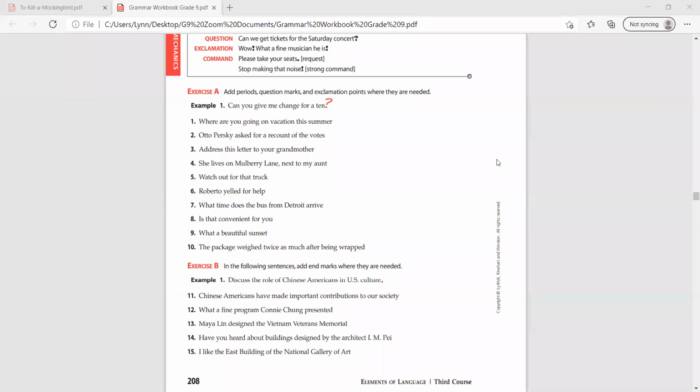Bhumika, will you do the first 5, please? Yes, Miss Lynn, 1 second. The first one, we will add a question mark.